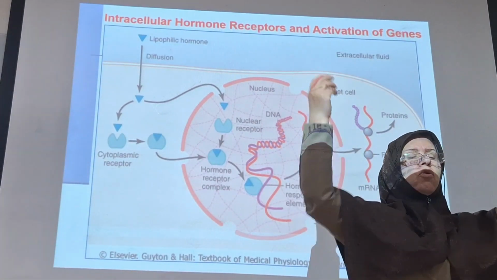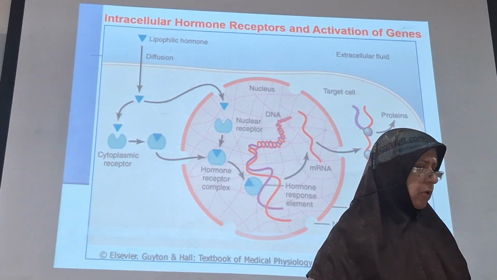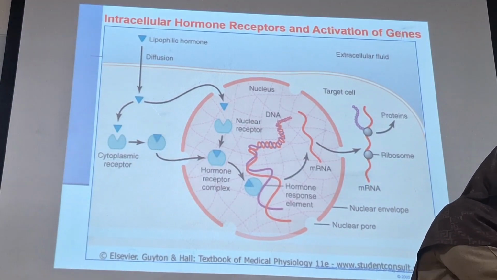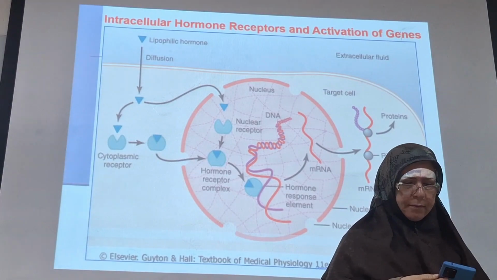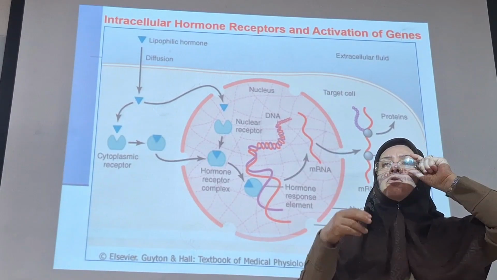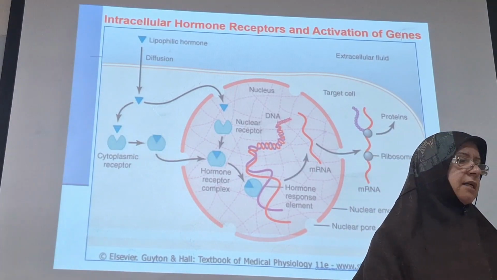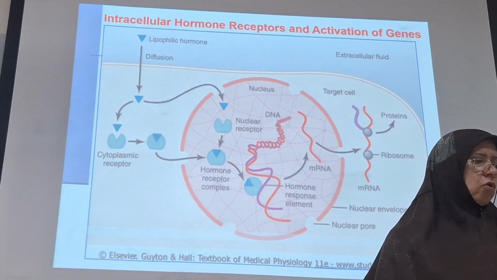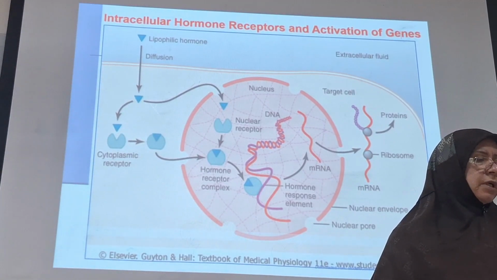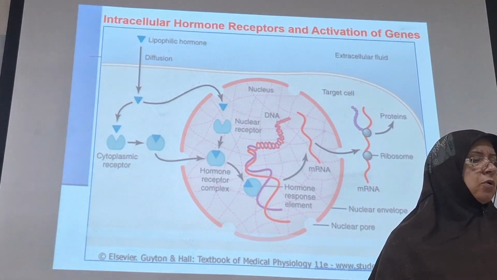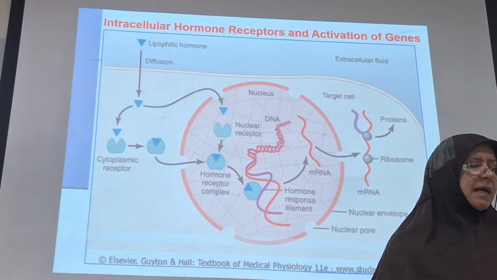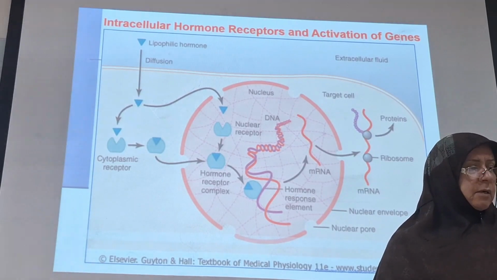First, steroid hormone receptors. Steroid hormone receptors are located in the cytoplasm. The hormone binds to its receptor, and the hormone-receptor complex passes the nucleus membrane.